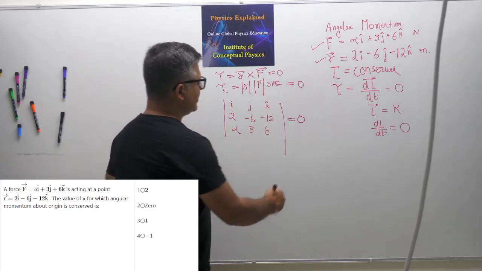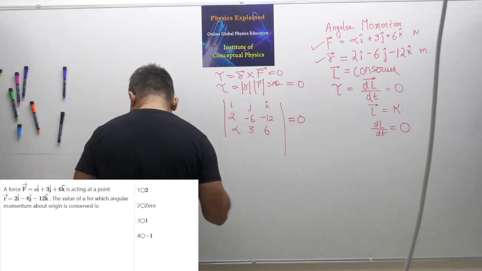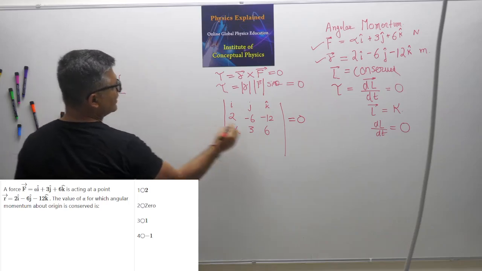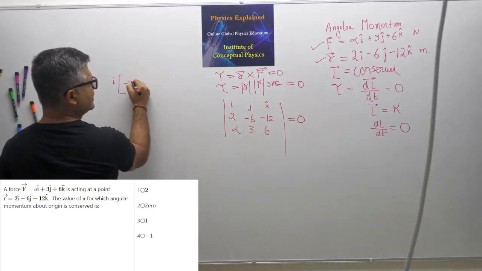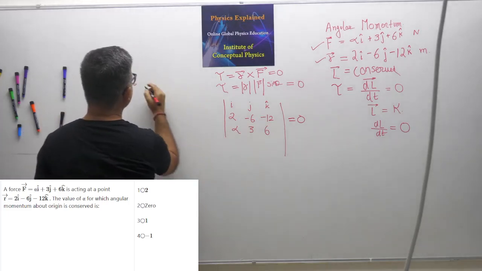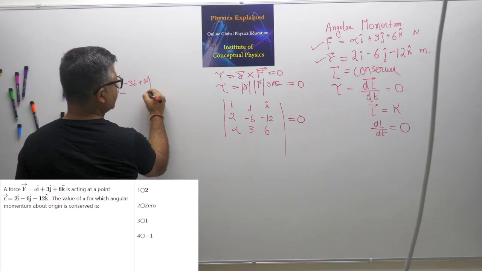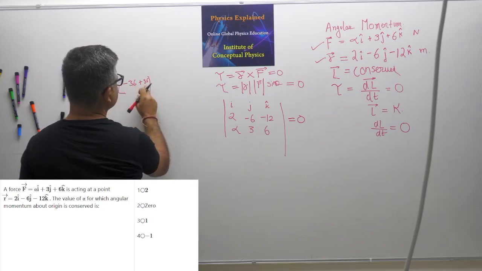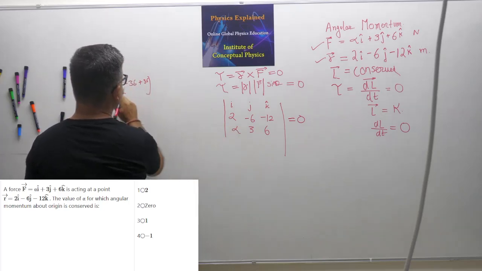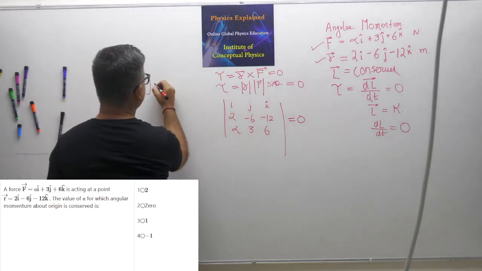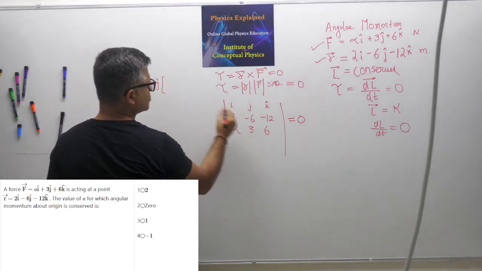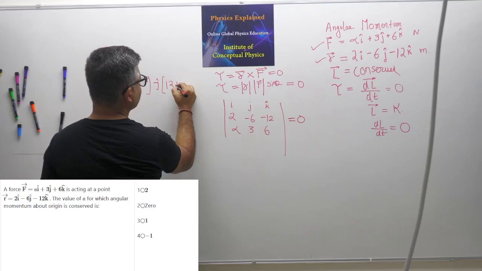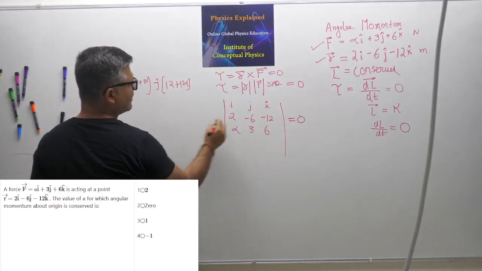Let's solve this. If I solve this, this is what I get. I will say i, the standard way, 6 times 6 is 36, minus plus 36, so this is your 0i. Then I have to write minus j, so 12 plus 12 alpha, and then I have to write the k part of it.